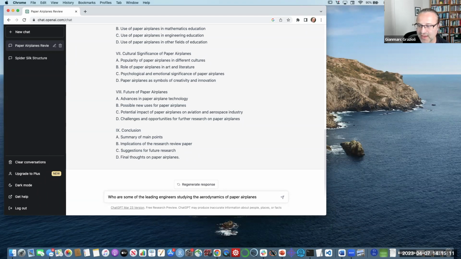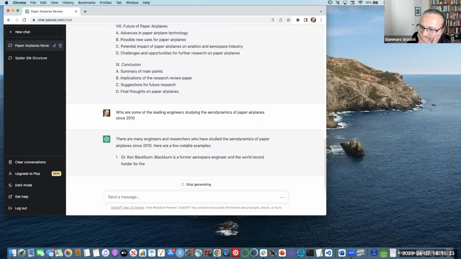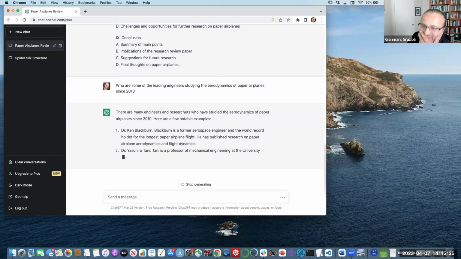And let's even put a date, since 2010. Now, this thing was trained on data up to 2020, so it can't tell us anything more recent than that, but let's see. Oh my God.